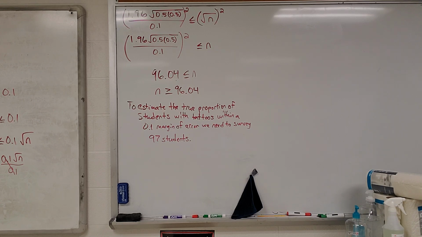It may even tell you to ignore the p hat that was given to you in part A. It's also possible that this could be a multiple choice question anyway, in which case you don't have to worry about interpreting it, but you want to get the right answer for the sample size, which would be 97 in this case.